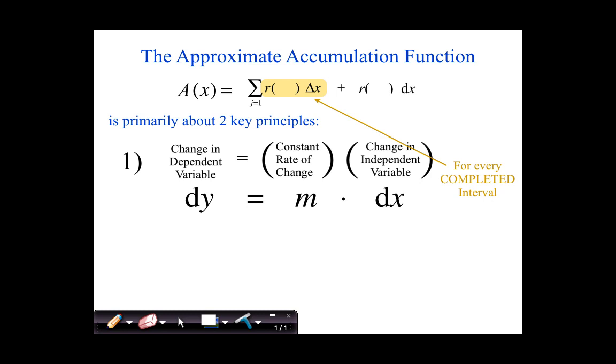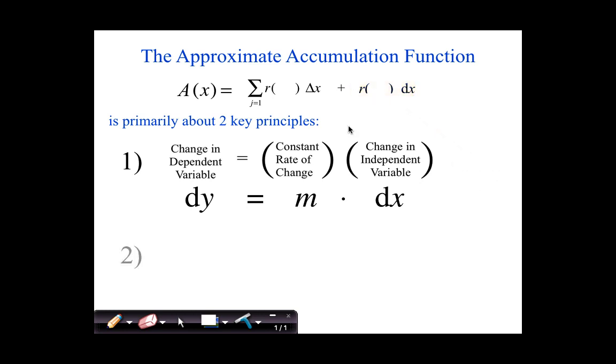And in the current interval that has varying length, we've got m times dx, a smaller amount, where dx is a length between 0 and delta x. But it's the same sort of computation. It's a rate times a small amount of change in the independent variable to get the associated change in the dependent variable, using our differentials or our delta x here.